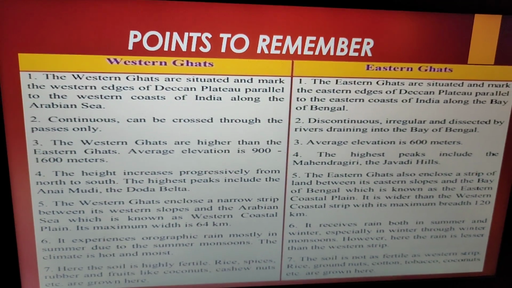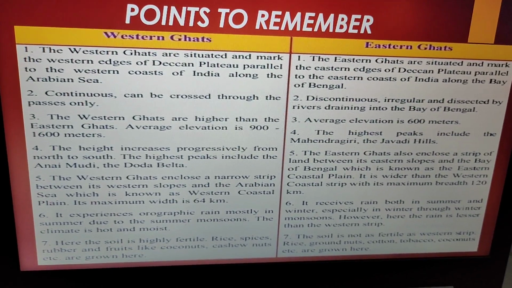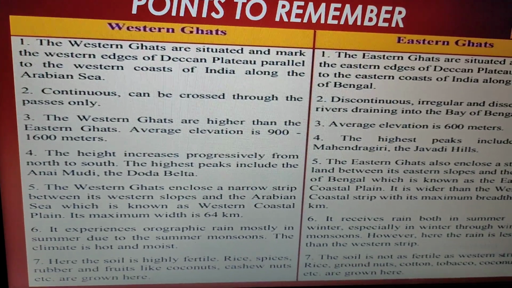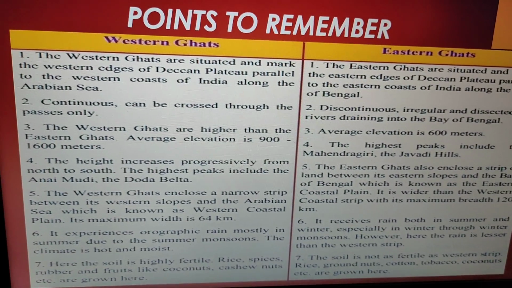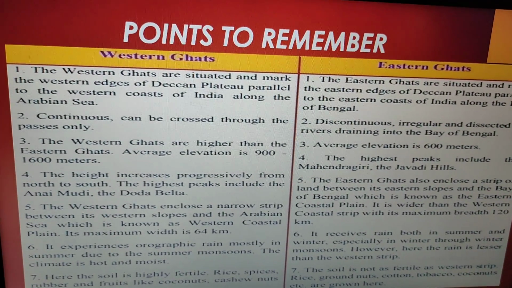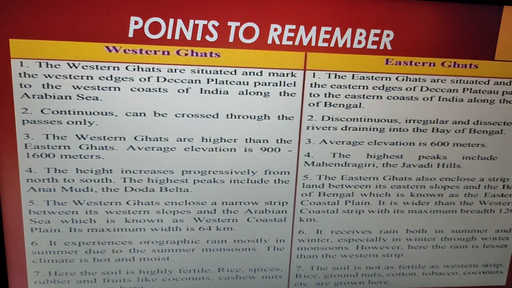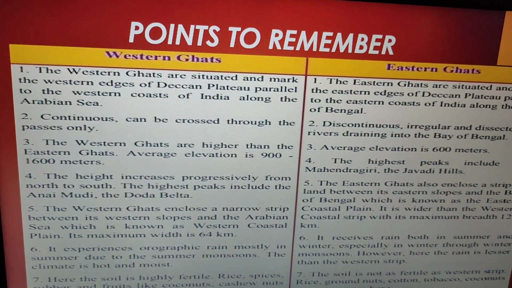Now, this is the difference between your Western Ghats and your Eastern Ghats. The Western Ghats are situated on and mark the western edge of the Deccan Plateau, parallel to the western coast of India along the Arabian Sea. They are continuous and can be crossed through the passes only.